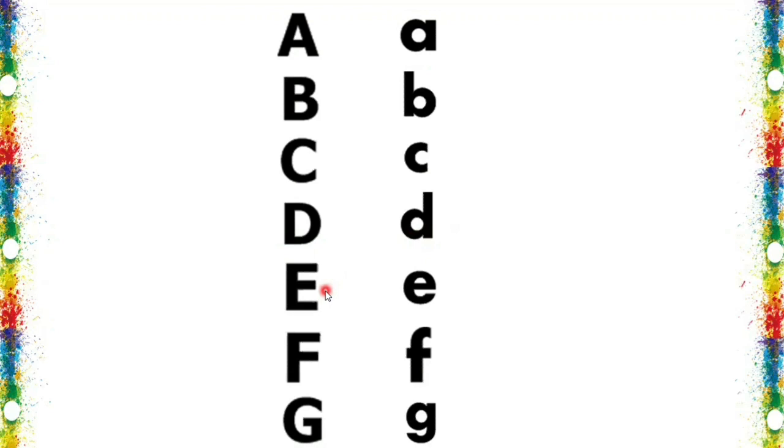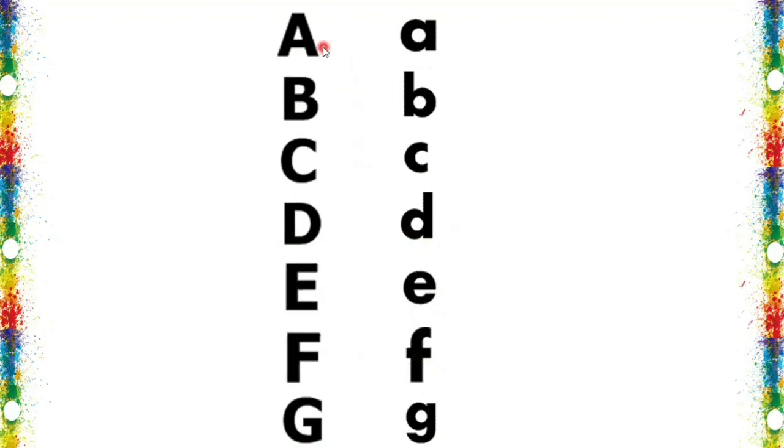This is capital E. This is small e. This is capital F. This is small f. This is capital G. This is small g. I repeat.